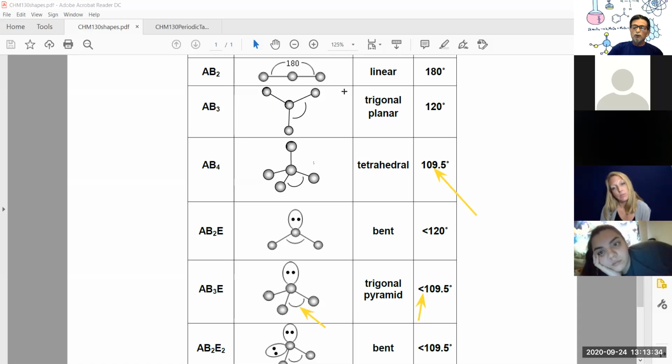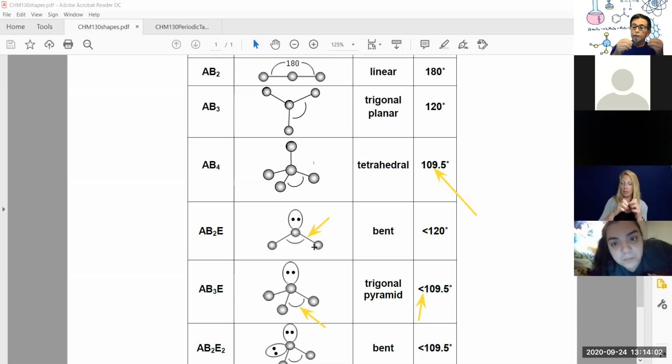Okay, I got a question. When I say the lone pair denoted by the two dots, they're no different than what is denoted by the arrow. In this case, the arrow is a bonded pair. They are bonded. Two moieties, in this case A and B, are bonded together and they're sharing those two electrons.